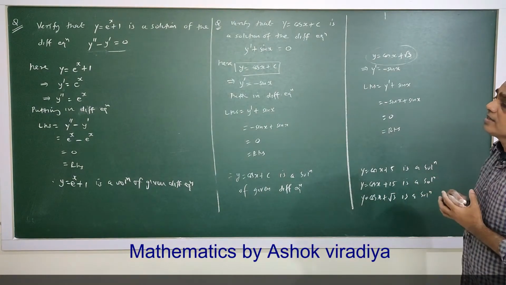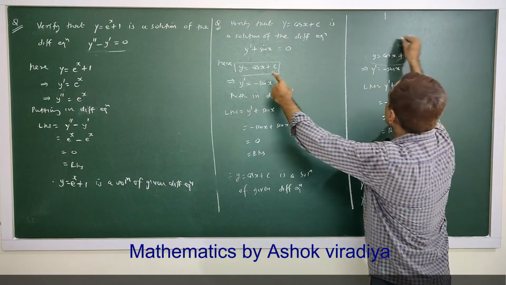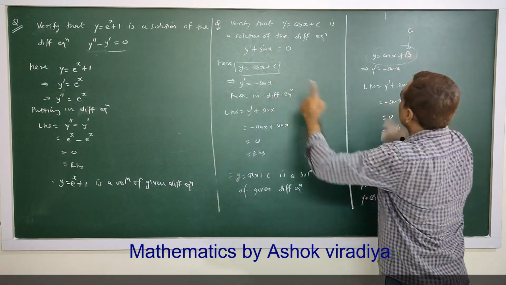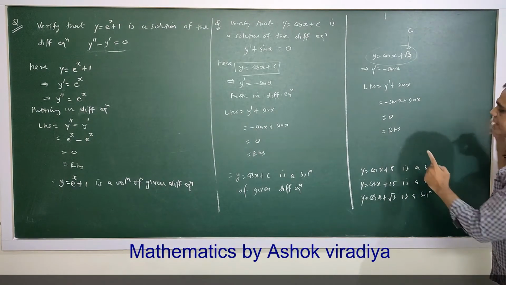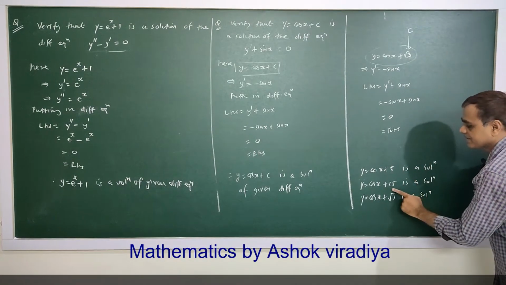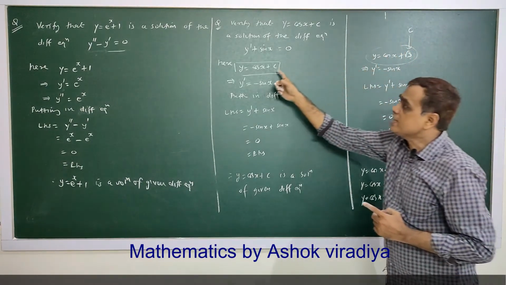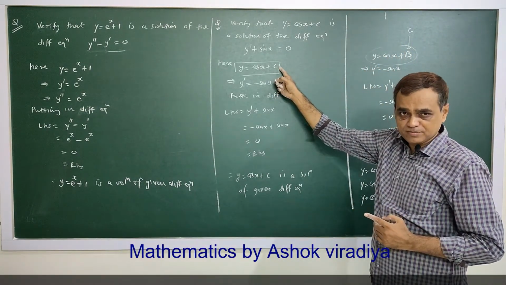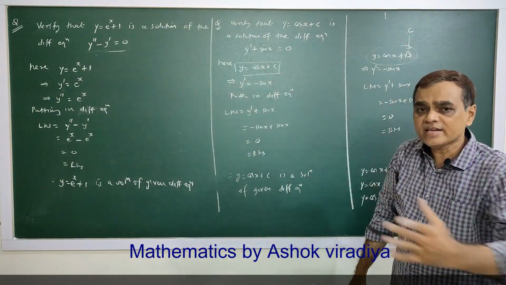So see what I am doing in this question, here c is given. I have taken 5, then I have taken 15, then root 3. You can choose any value of c. c can be taken as any real number.